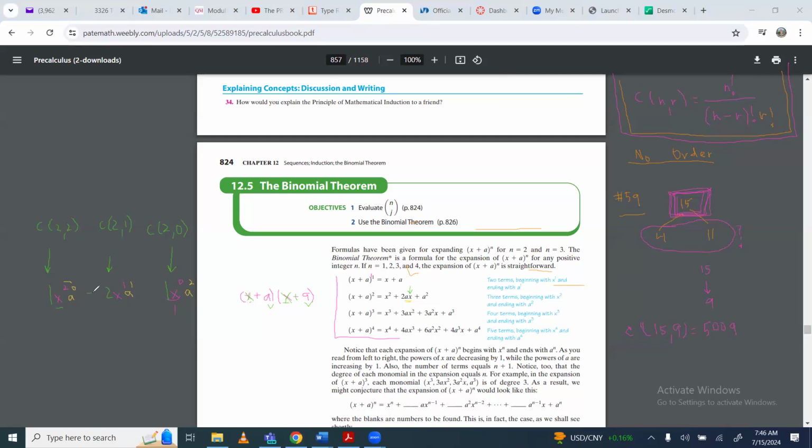So this is going to be our trinomial. And the reason I do this is because I want to produce the formula. So analogously, I will produce the formula for the last one. You can try with the first one. So it'll be x plus a multiplied with itself 4 times, right?